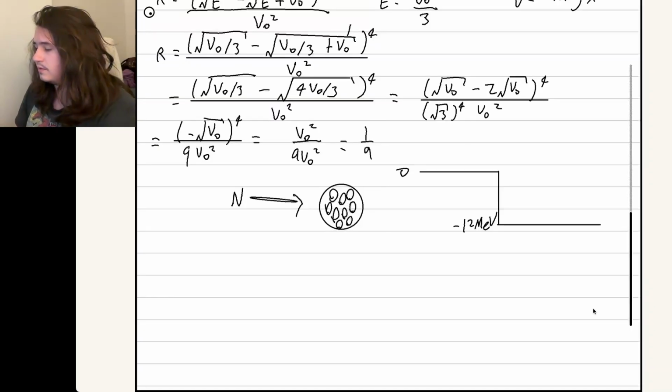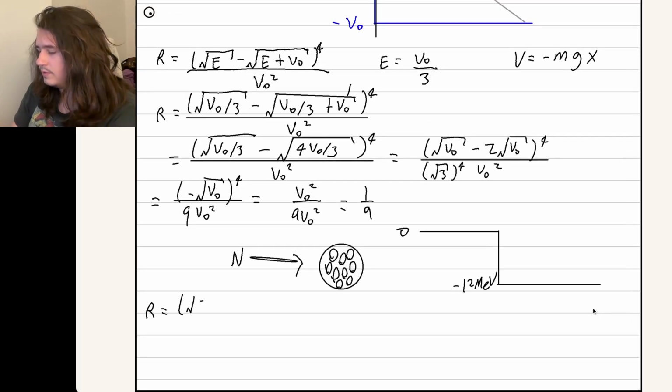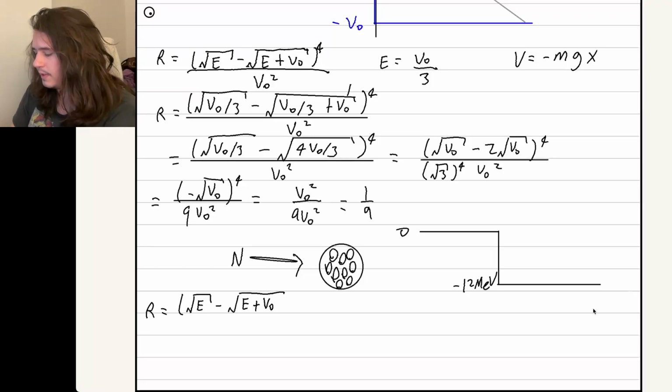And so again, the reflection coefficient is going to be R equals root E minus root E plus V naught, both under radicals, to the 1/4 over V naught squared.